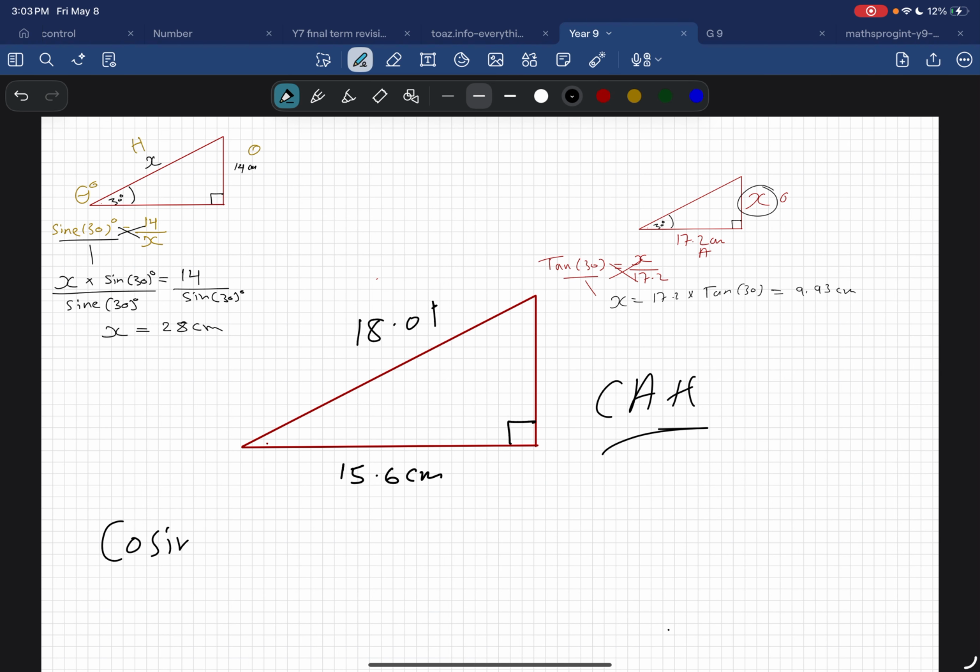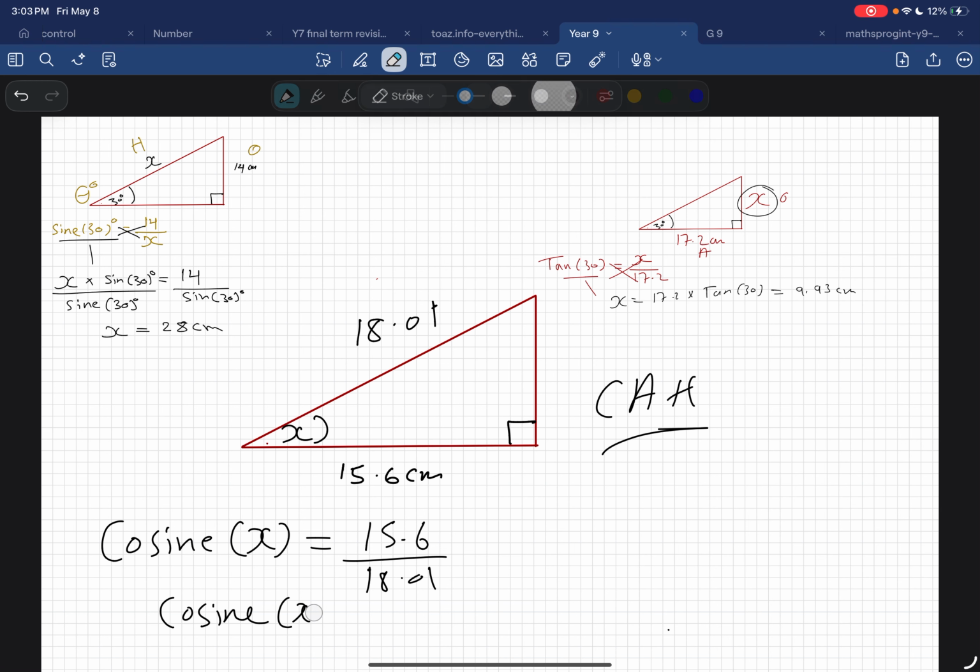Cosine, I don't have the angle this time, so we're gonna name it x. Cosine x, we don't know it, equals the adjacent, 15.6, divided by 18.01. Because there is multiplication here, how about I divide?